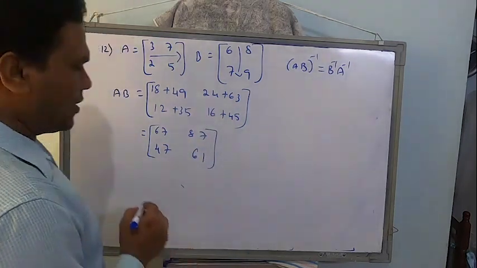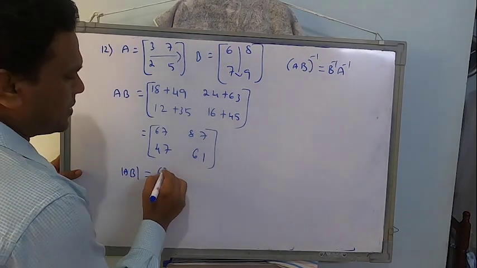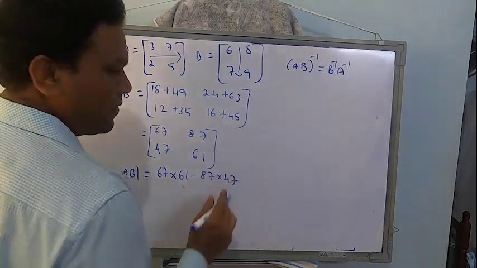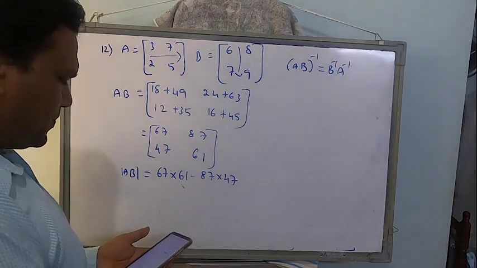Now let me find out the determinant of this. Determinant of AB is equal to 67 multiplied by 61 minus 87 multiplied by 47. Let me get the value of this.